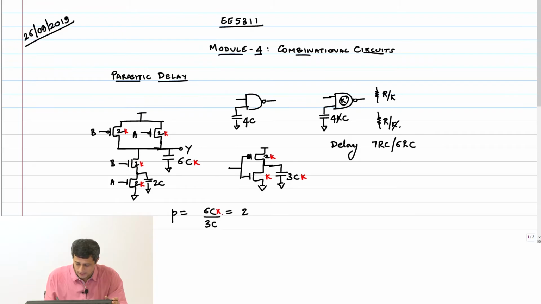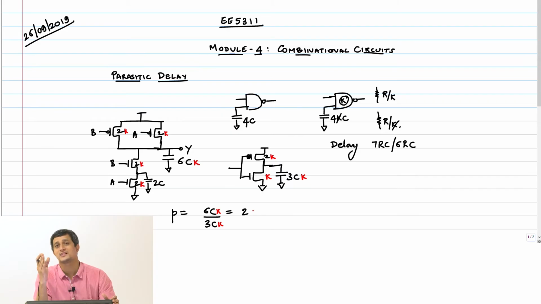Then it will become 3KC by KC, and you will still get 2 as the answer. The bottom line is, if I scale the transistors by the same amount, delay should not change. So when you are doing this normalized delay calculation, it has to be done with reference to the inverter which provides the same drive strength as your NAND gate at hand.